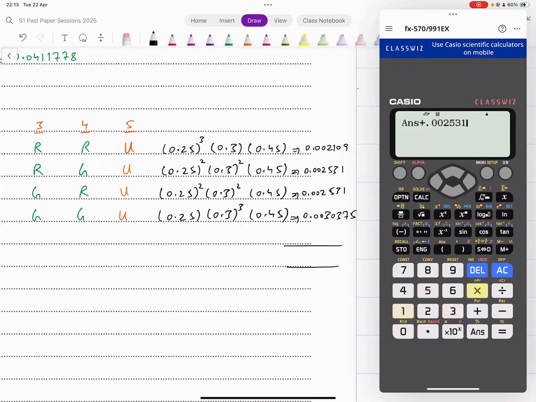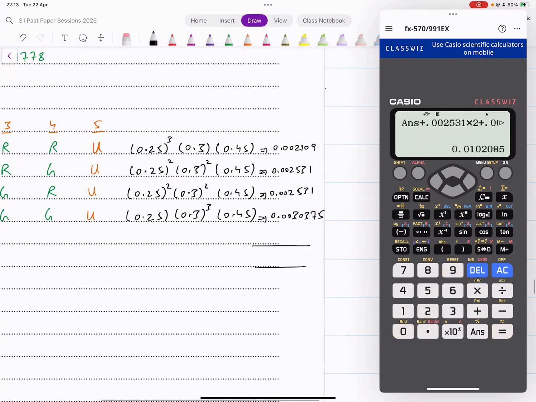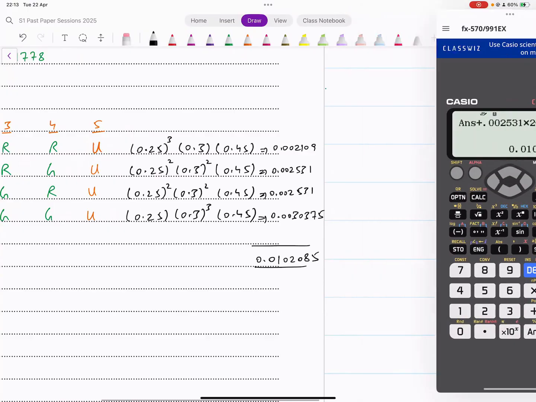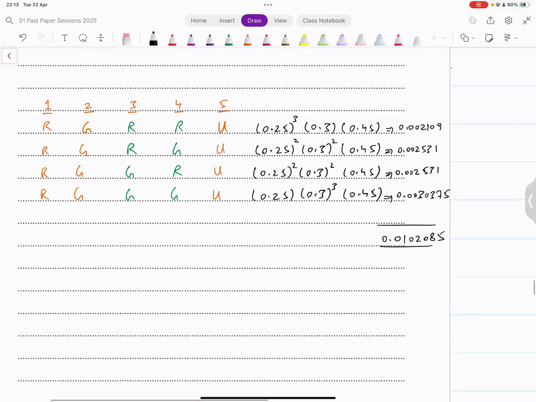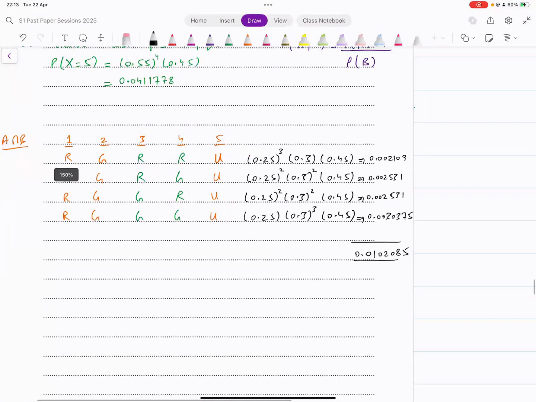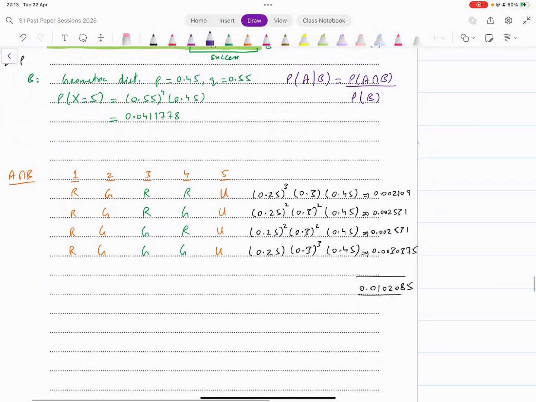Okay, you add all of them up, and that will give you the result for the intersection part: 0.002531 times 2, that's coming twice, plus 0.002109, and that's giving me 0.0102085. That's the probability of intersection. And now you can find the final probability, the probability of A given B. What would that be? The probability of intersection, 0.0102085, divided by what is given, that's 0.041778.